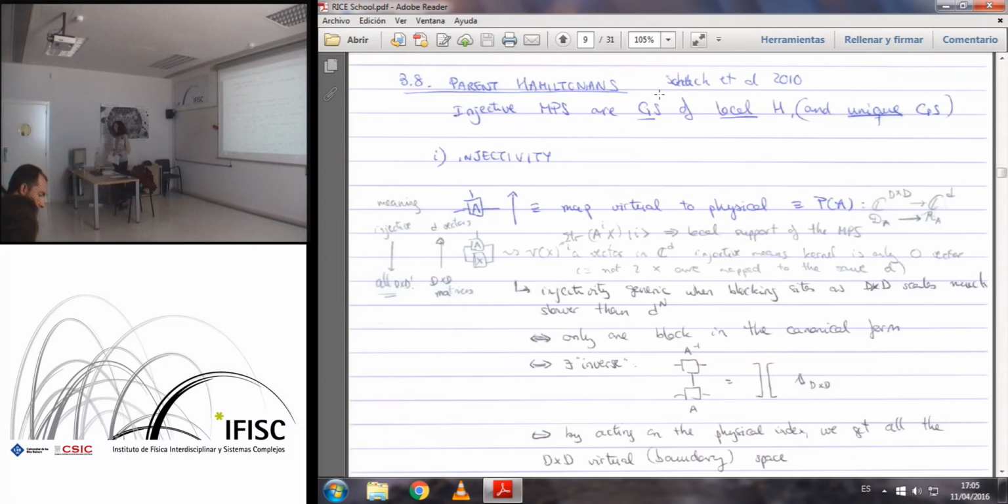Then I will move on to the generalization to higher dimensions, which is PEPS. I will present what they are, give some examples, and go over mostly the same properties I mentioned here, making special emphasis on the differences: what is different for PEPS and for MPS.